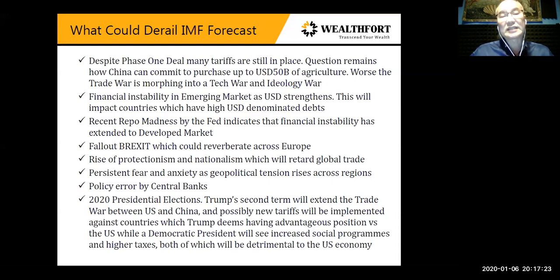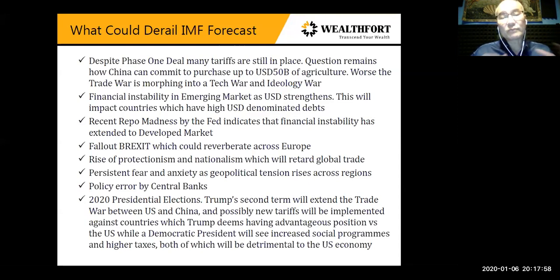Already, about 2 months back, Trump set his sights on Vietnam, because Vietnam suddenly has a very advantageous position: the factories moved from China into Vietnam, Vietnam's trade with the US started to increase, and there's a widening trade imbalance between the US and Vietnam. So Trump again has set his sights on Vietnam. And before that, Trump also mentioned that he will impose tariffs against his European counterparts.